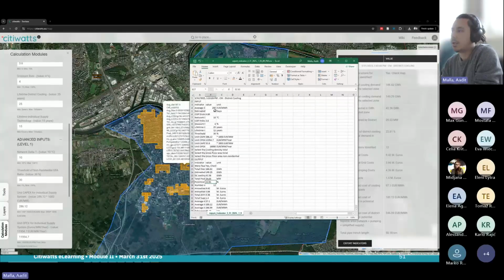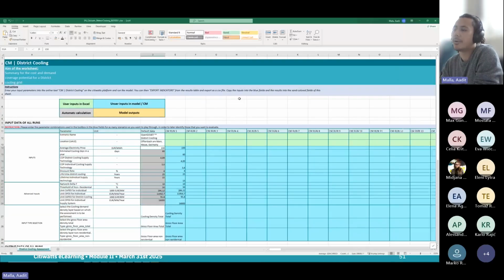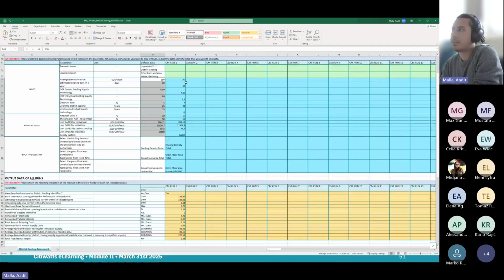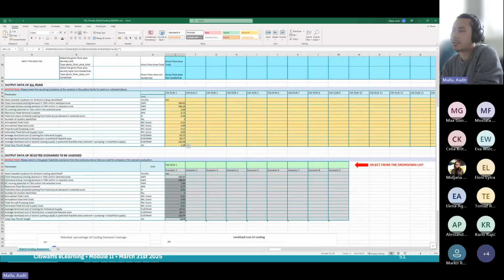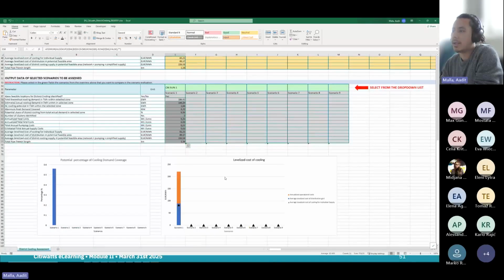As a user, you can just copy these values and bring them to the scenario comparison sheet. So I have already copied this here. These were our input parameters, and these were the outputs generated from the calculation module. It then allows you to compare different scenarios, what potential coverage can be seen from district cooling and what the potential levelized cost of cooling is.